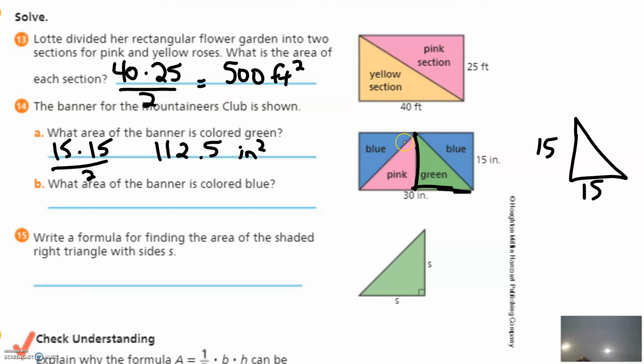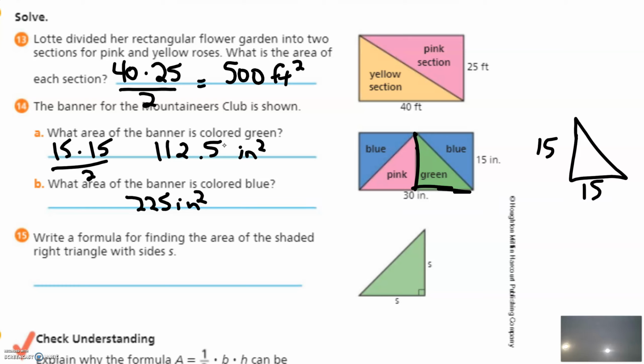Or you could kind of see that they're each the same. Okay, so the blue would really be double that because we cut each of those in half, right? So if you doubled that 112.5, it's the same thing that you get when you did the 15 times 15, and that would be 225 inches squared, or 2 times this.